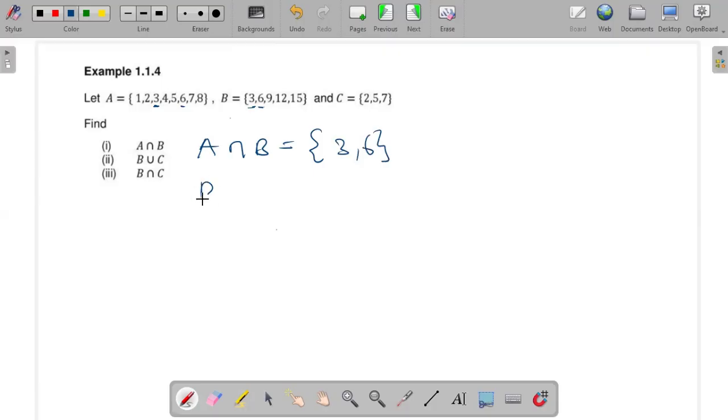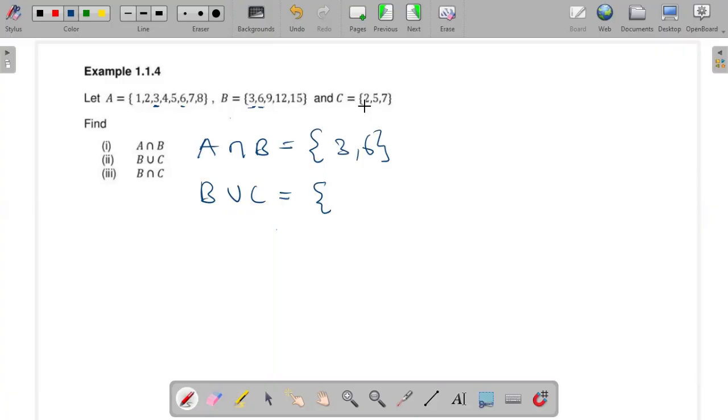Okay, what is B union C now? Okay, so B union C just means that you're combining all elements, or you're saying elements that are in B or in C. That just means you're bringing all elements that are in B and in C together.